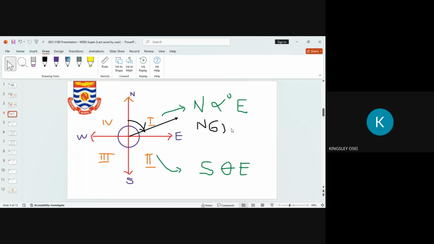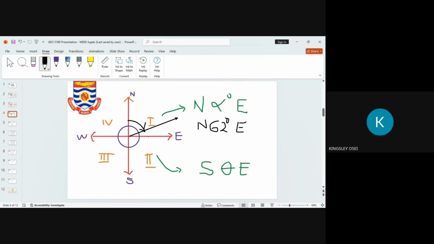Difficult to do online with the mouse. So you're talking about 62. Then you add the E. So we see it as north, 62 degrees east.